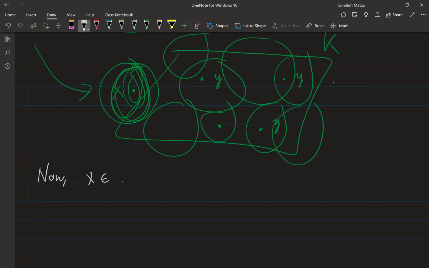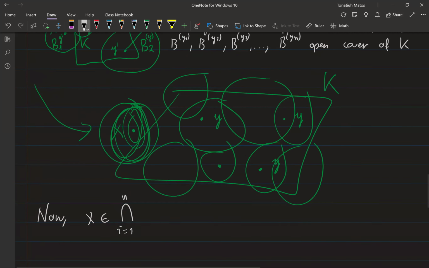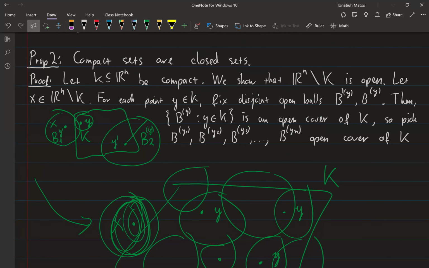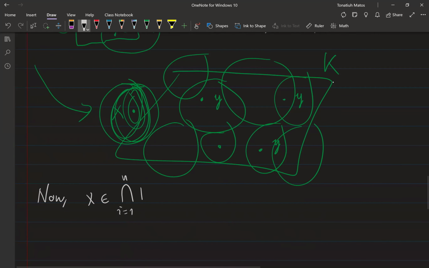So X is in the intersection of all of these, what did I call them? The ones covering, maybe I should have written this a little better. So X is contained here and Y is contained here, right? So the ones that are covering Y are the ones that have a prime up here, right? So this was I. This is an open set.